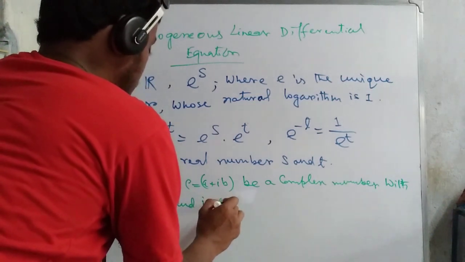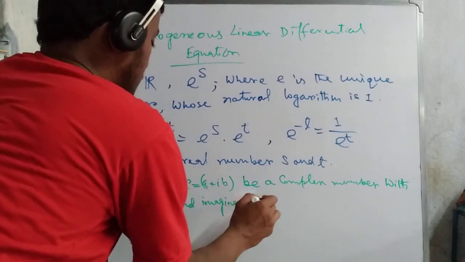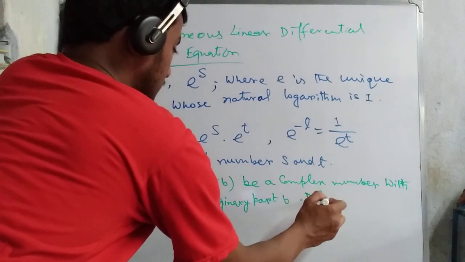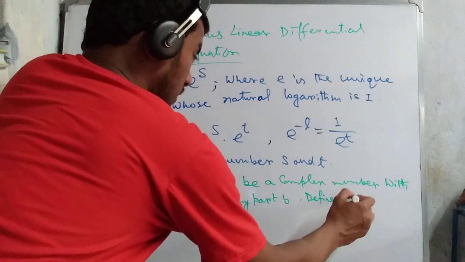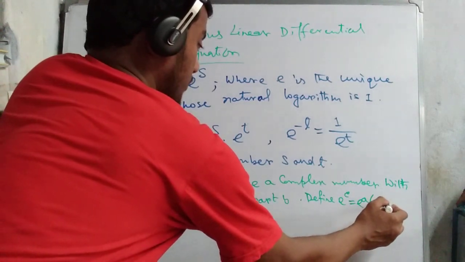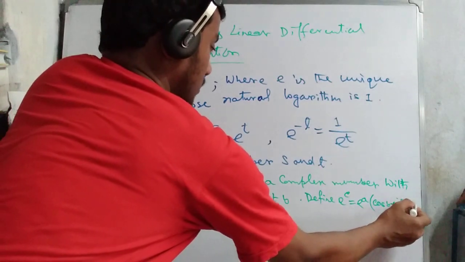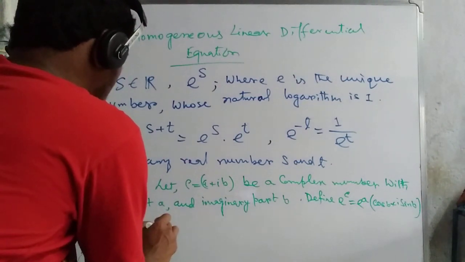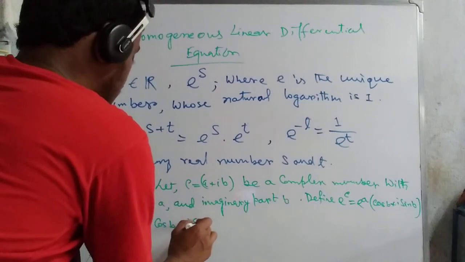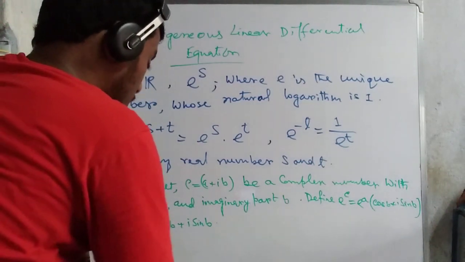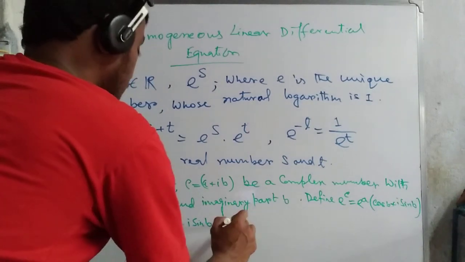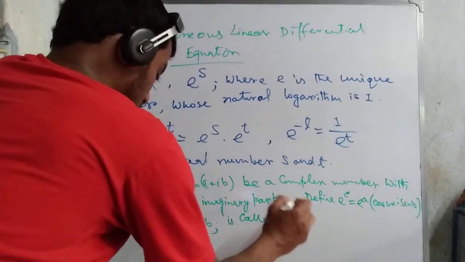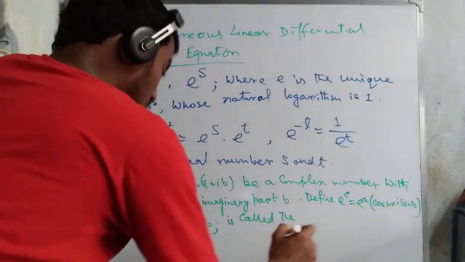Then define e to the power c equal to e to the power a times (cos b plus i sin b). Then e to the power ib equals cos b plus i sin b. Understood? This is called Euler's formula.